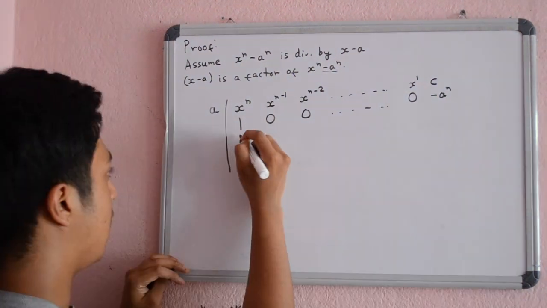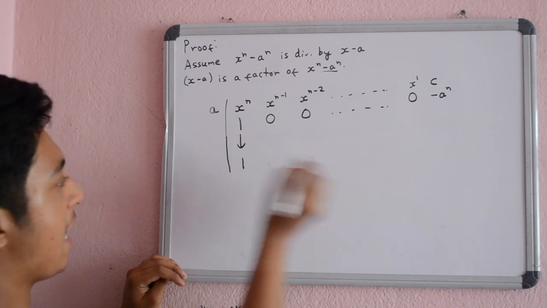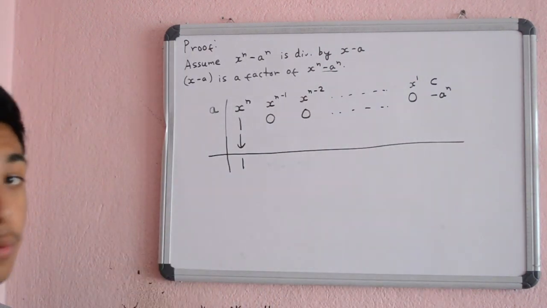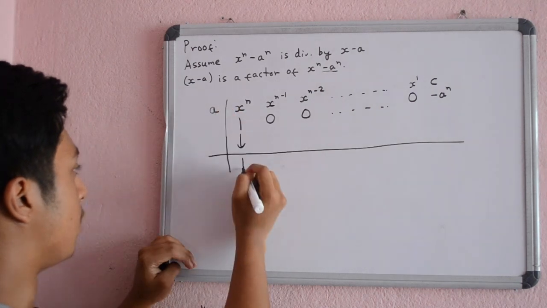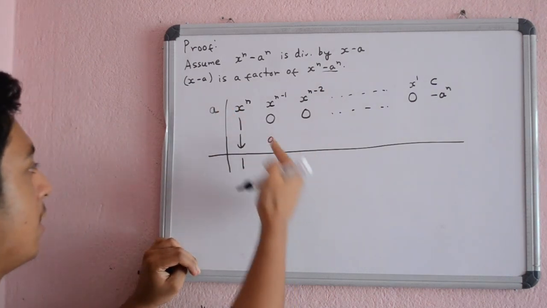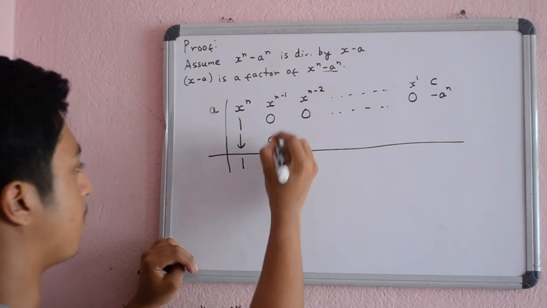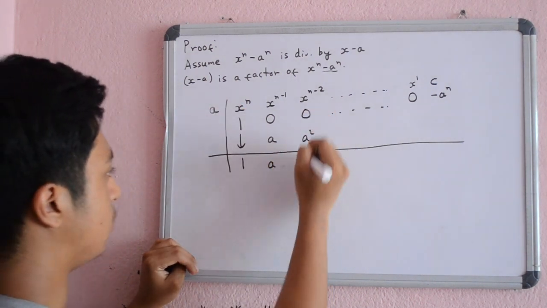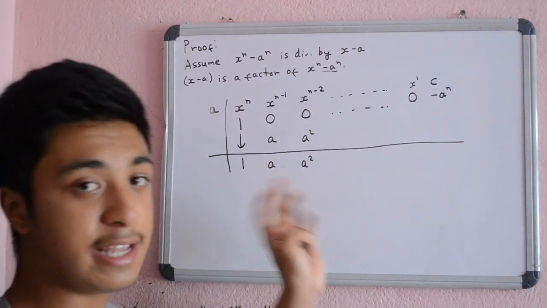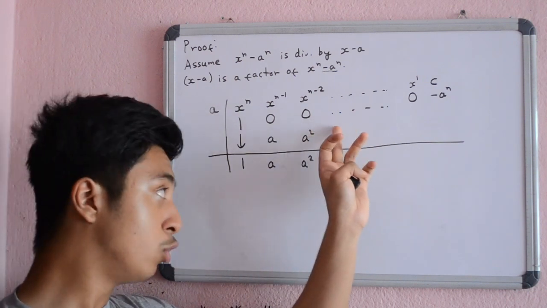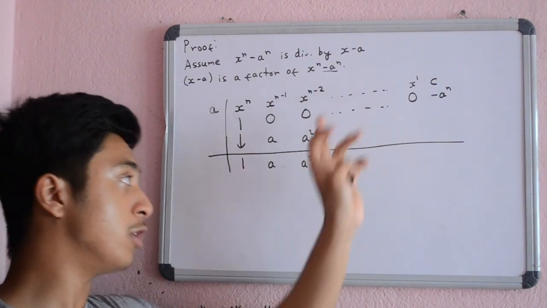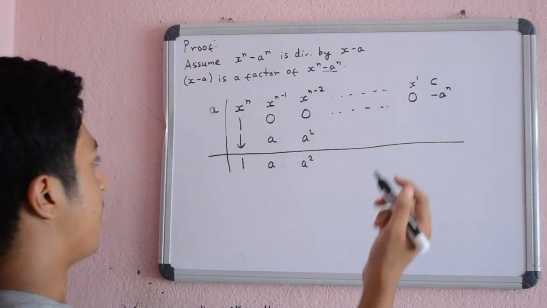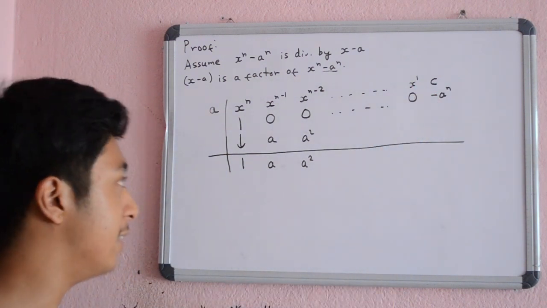Now let's begin. I'll put this one over here, and now this a will multiply with 1 and a will go right here, and then you add these terms, so a plus 0 is a, multiply, you'll get a squared, and these two add to give a squared, and then next this will be a cube, a to the power 4, and so on. Now what will be for x to the power 1? Well, let's find some pattern here.